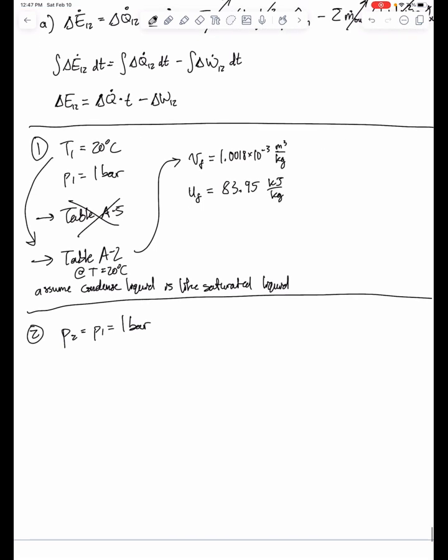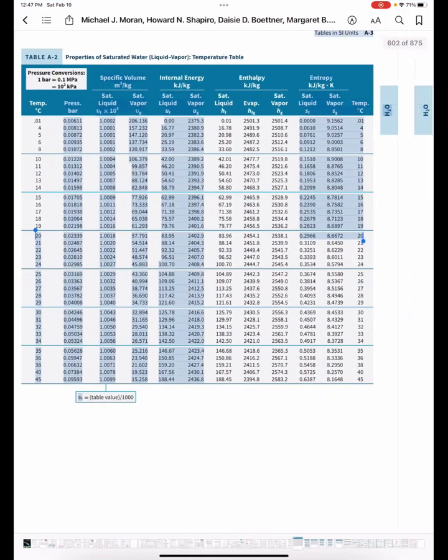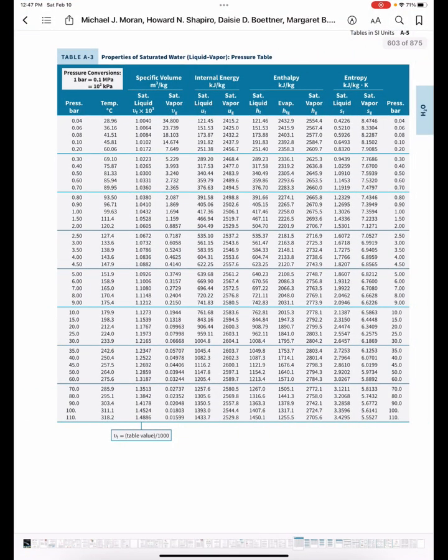Now use table A3, which is based on pressure, and we're taking all the saturated liquid values at 1 bar.